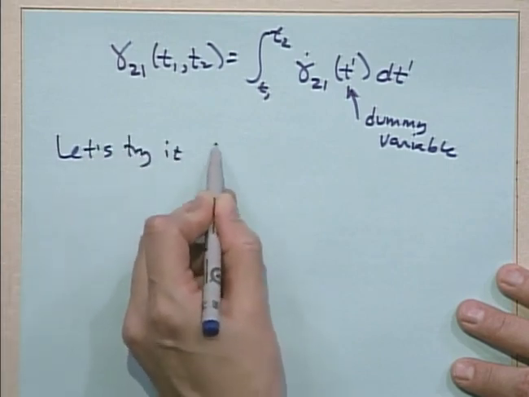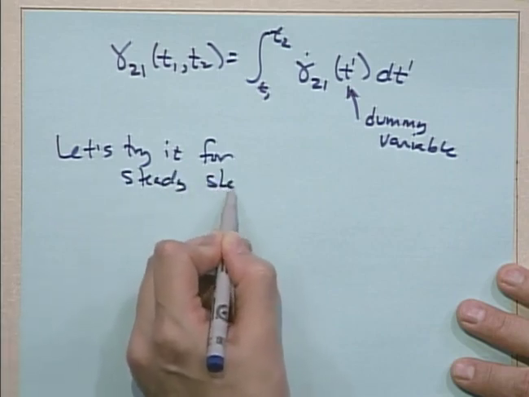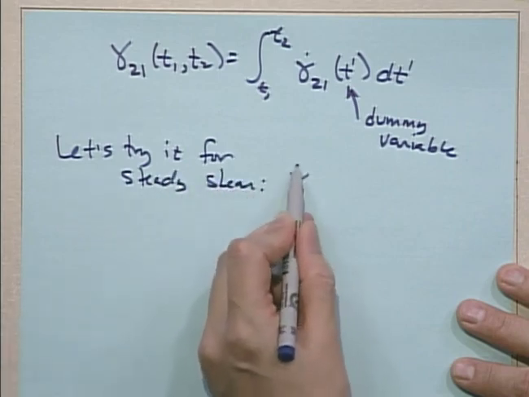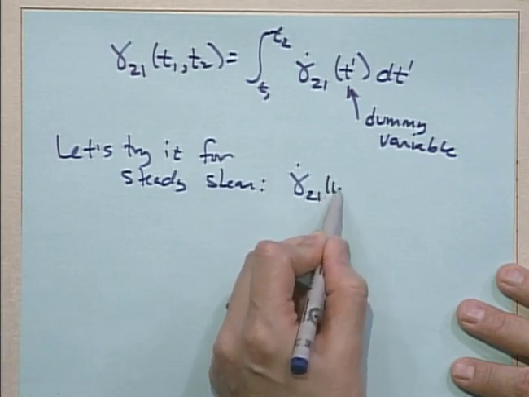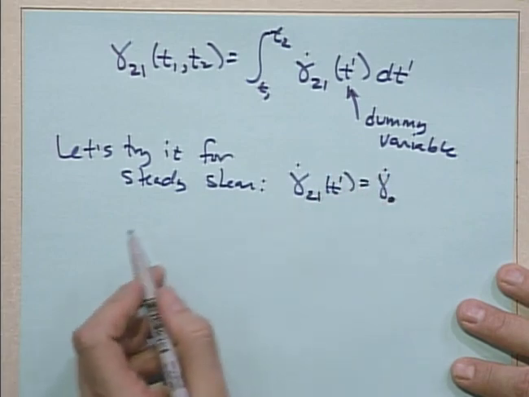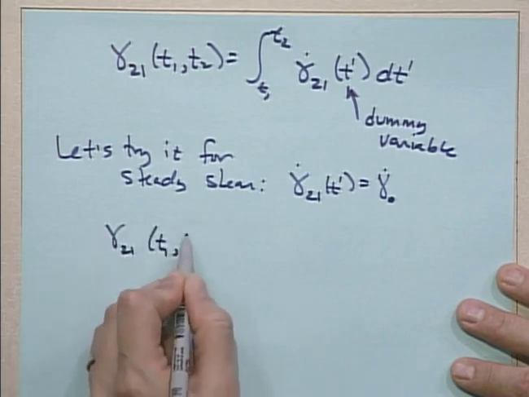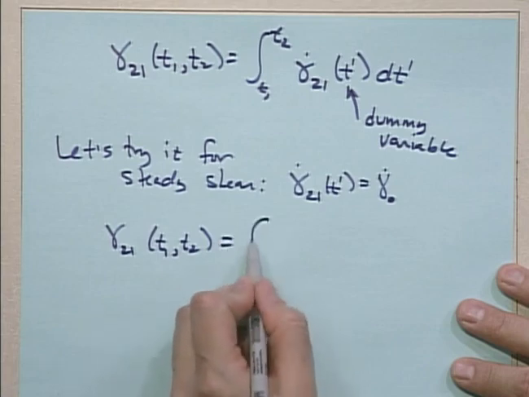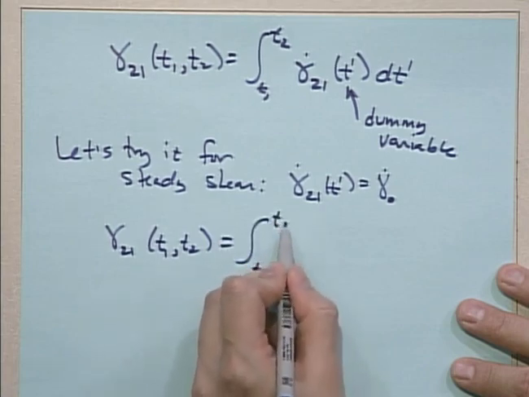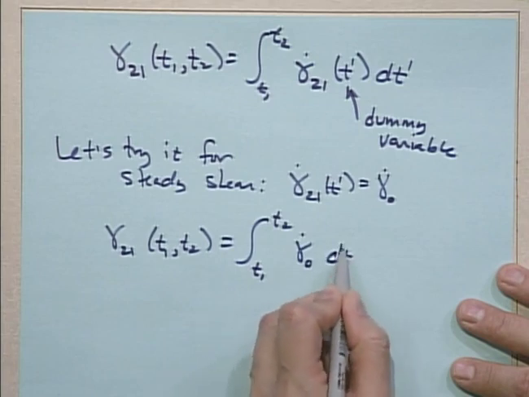Let's try it for steady shear. For steady shear, the shear rate is constant. And so the strain between two times for steady shear is the integral from T1 to T2 of gamma dot naught dt prime.